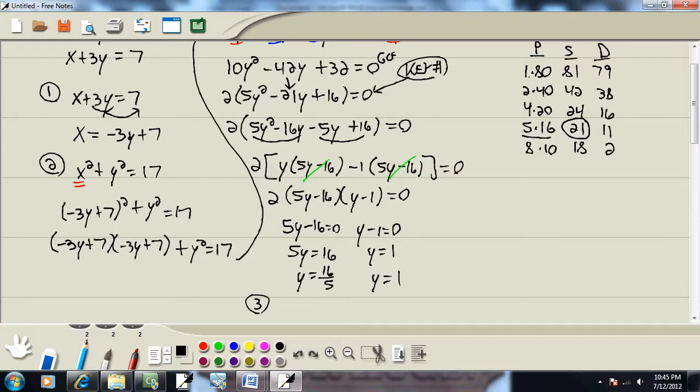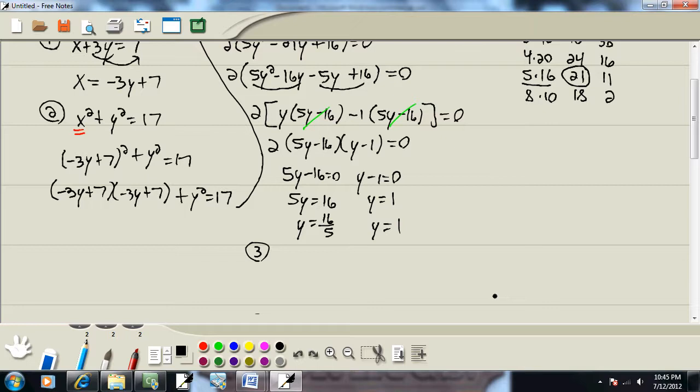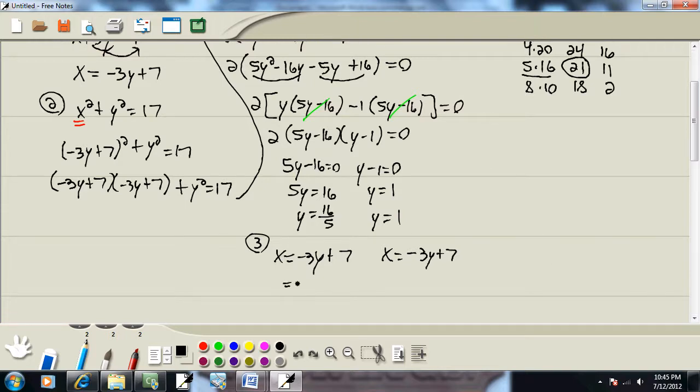Now we always plug it into the equation from step 1 because that's already solved for the other variable. So it's x equals negative 3y plus 7. You'll find if you plug it into the other one, you'll get the wrong answer sometimes. So you should always plug it in one of the smallest powers.